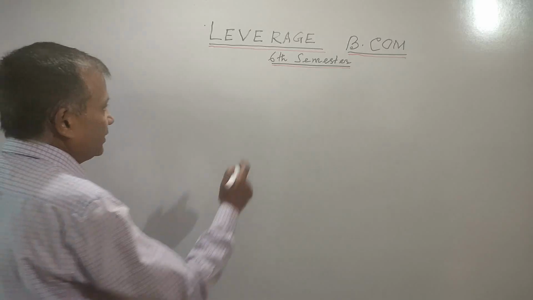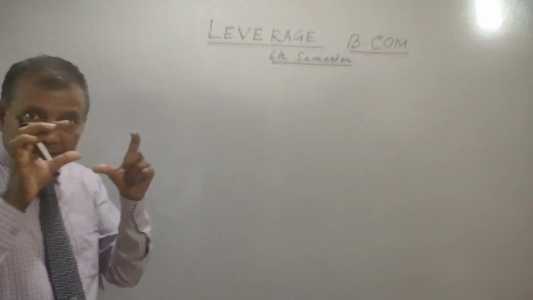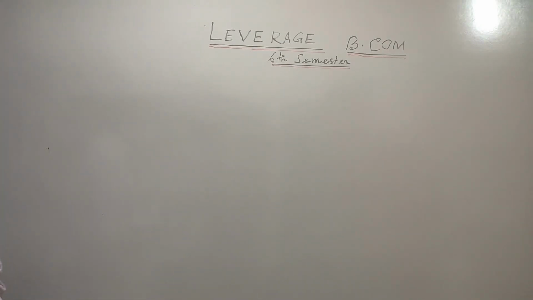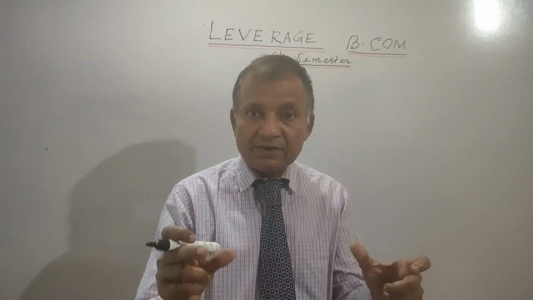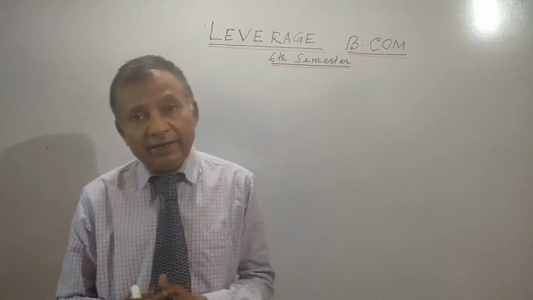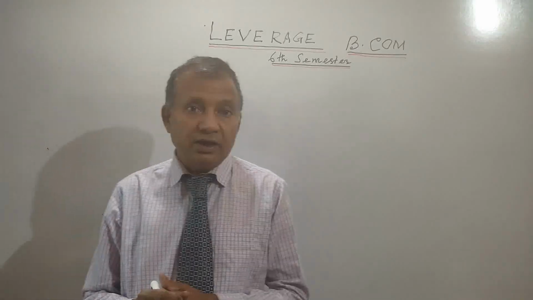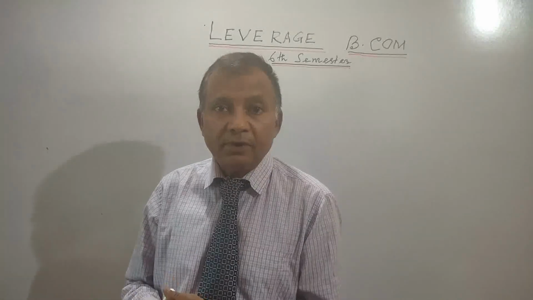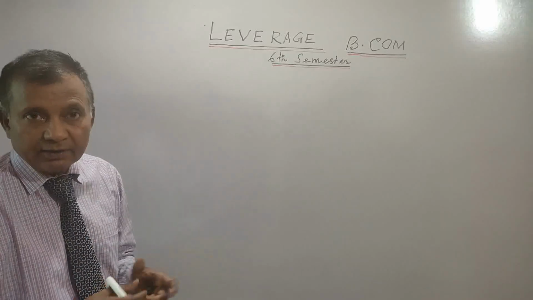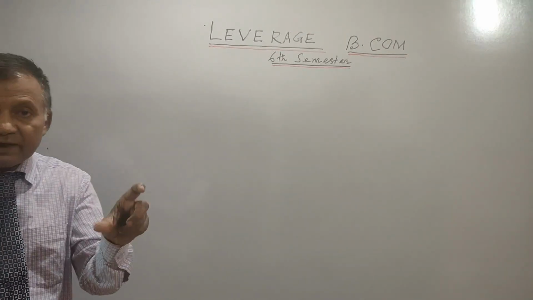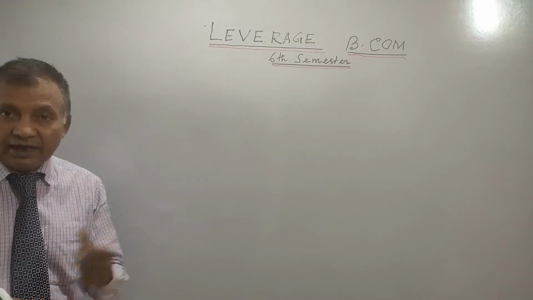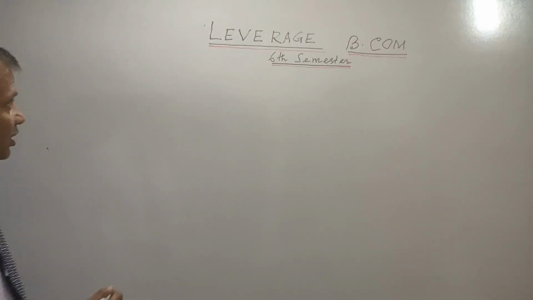The next part is, leverage is an advantage. If I apply certain fixed cost, how the earnings are changing. Suppose I am paying salary, rent, other fixed cost, how it is affecting my earnings. That is your leverage.